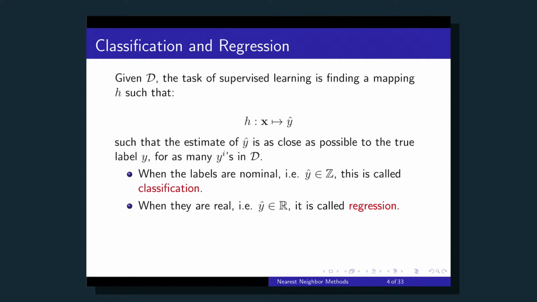And then you have to figure out your estimation of y for a new instance, and that value y, you don't know whether it's true or not, but you can estimate the accuracy of your system as well by looking at the already known x's and their y's, and you're trying to figure out the function, the mapping that does the right thing for as many of the yi's that you do know.